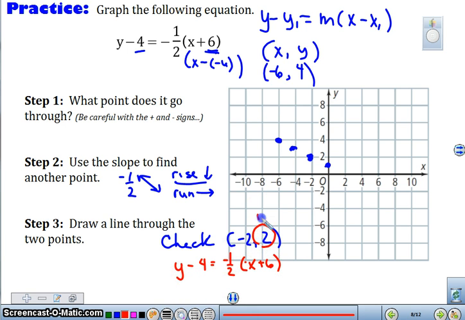This is our y. 2 minus 4 is a negative 2. Here, the question is, does it equal negative 1/2 times negative 2 plus 6? Well, negative 2 plus 6 is going to be 4. And if we take that times a negative 1/2, it does check. So yes, we can draw this line for our equation.